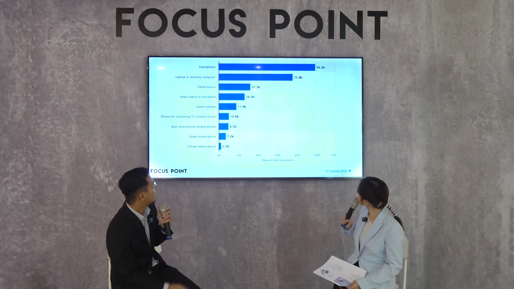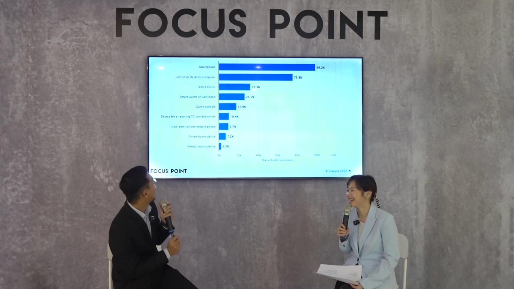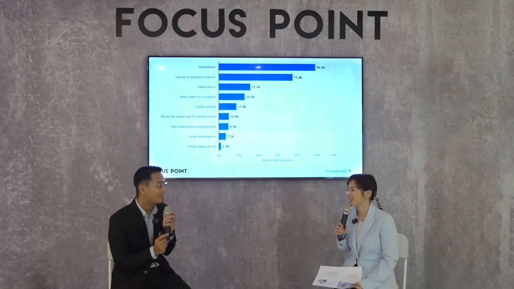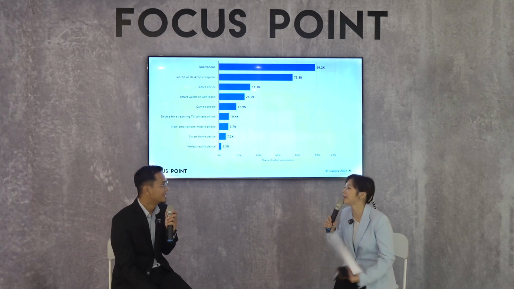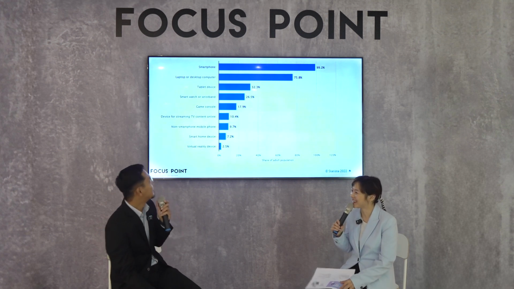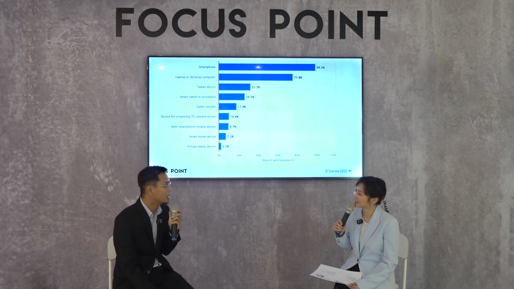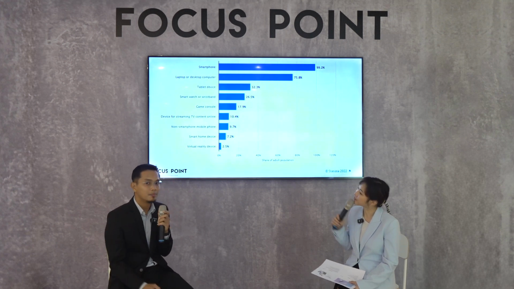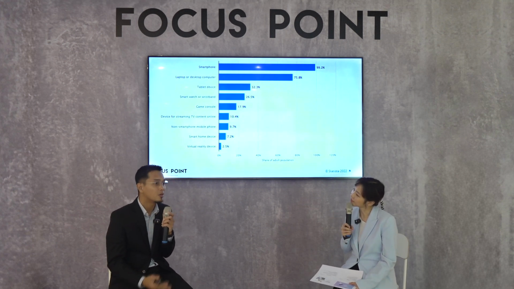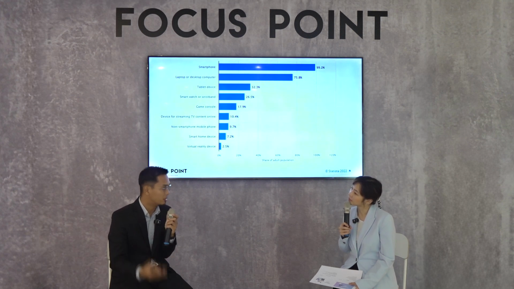They found that 99.2% of people use or at least have a smartphone, just like you and me, right? Almost everyone has a smartphone now. About 75.8% use a laptop or desktop computer. This was done in 2020, so maybe because during the pandemic, everyone was working from home.